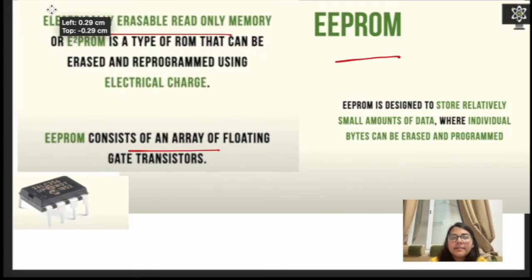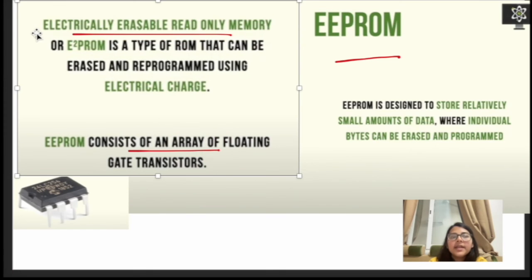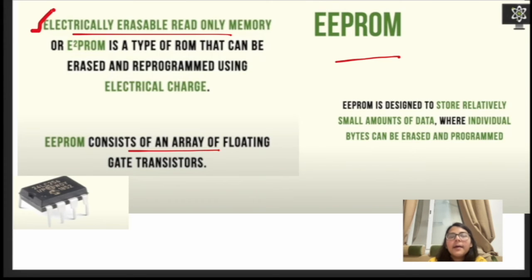electronically erasable memory, which means it uses electronic power for erasing this particular memory data. And here in EEPROM, instead of ultraviolet light, they are using the system of electricity.